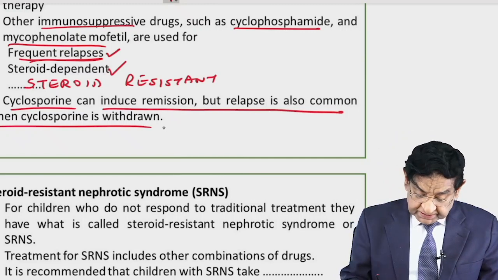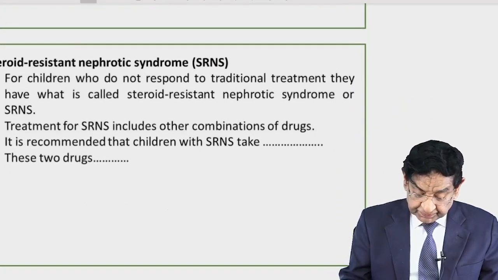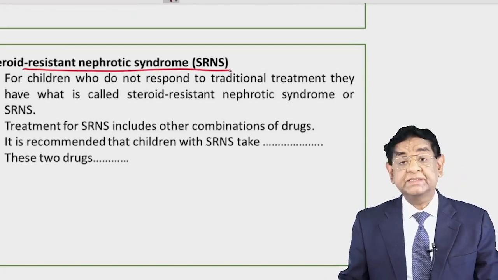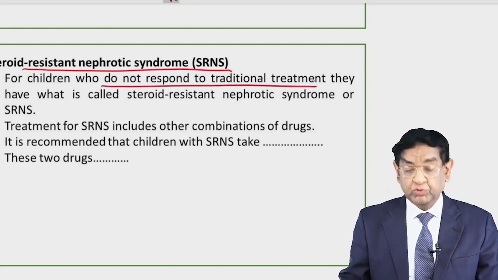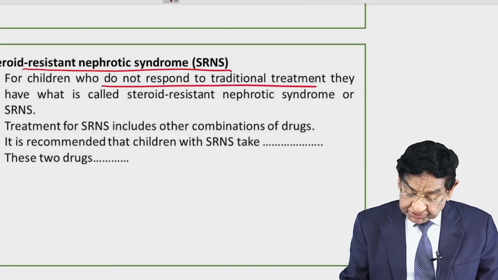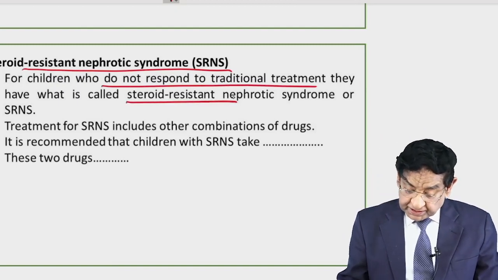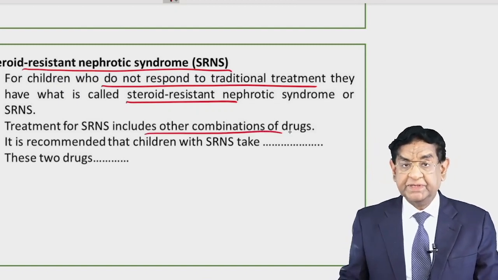So now let me discuss steroid resistant nephrotic syndrome. Steroid resistant, so-called SRNS, occurs in those children who do not respond to traditional treatment with steroids. They are known as steroid resistant. In these, we have to use other combinations of drugs other than the immunosuppressive drugs I mentioned.